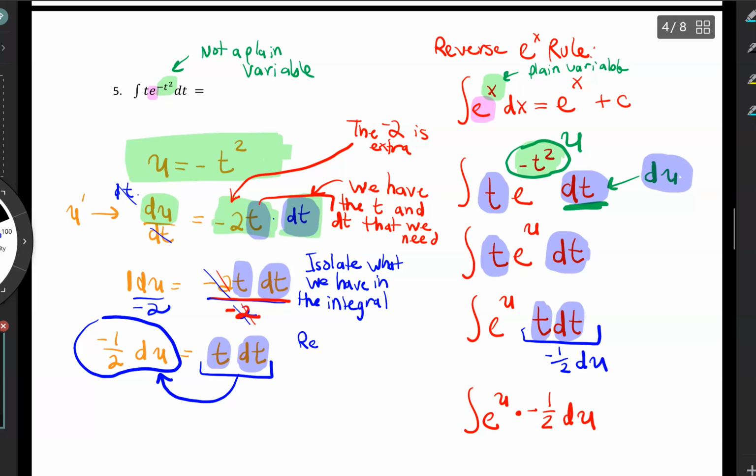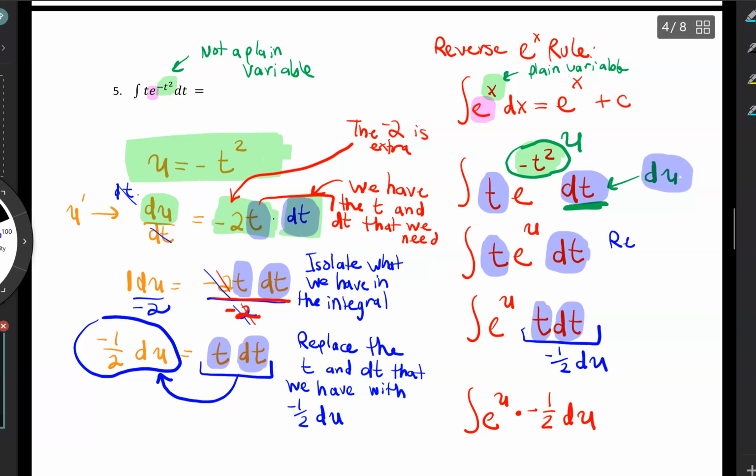So I'm going to put here, replace the t and dt that we have with the thing it's equal to. It's equal to the negative 1/2 du. So that's what I did over here on this step right here.